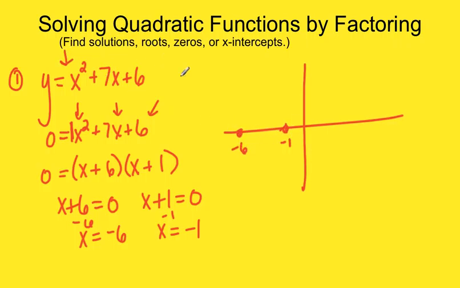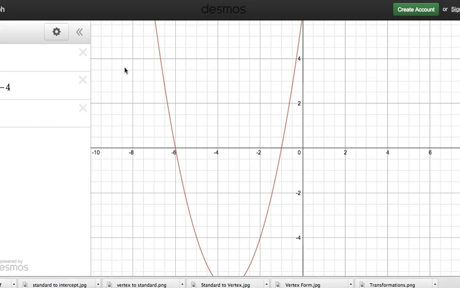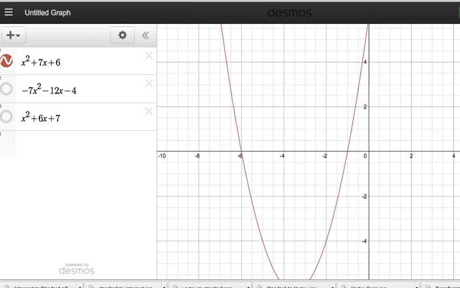You know that your parabola is opened up because your a is positive, so it would look about like that. If you look at that on Desmos, you can see that here is my parabola, and I had an x-intercept at negative 6, 0, and at negative 1, 0. So those are the two things that it told me.